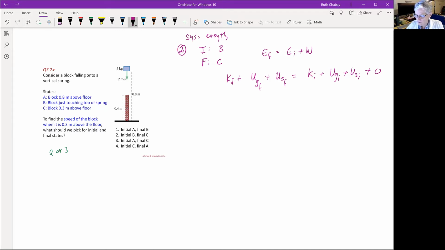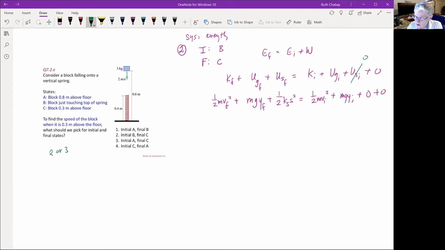And so we'd have half m v final squared, and now the gravitational potential energy is still there, so we'd have m g y final, and now the spring potential energy is non-zero, so it's a half k sub s squared, is equal to the initial kinetic energy, a half m v initial squared plus m g y initial plus, in this case, 0, because the initial spring energy was 0 because it's not compressed, right?